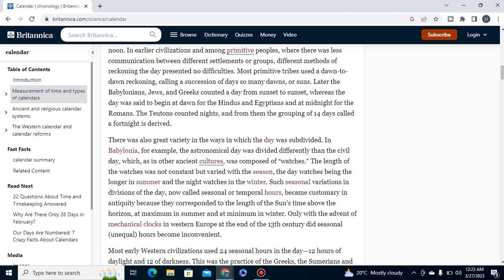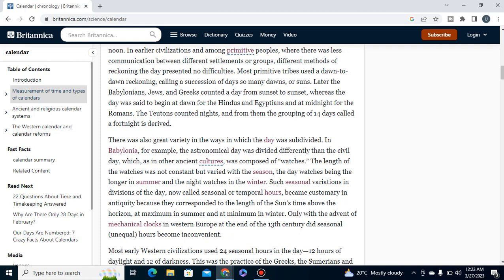Such seasonal variations in divisions of the day, now called seasonal or temporal hours, became customary in antiquity because they corresponded to the length of the sun's time above the horizon, at maximum in summer and at minimum in winter.